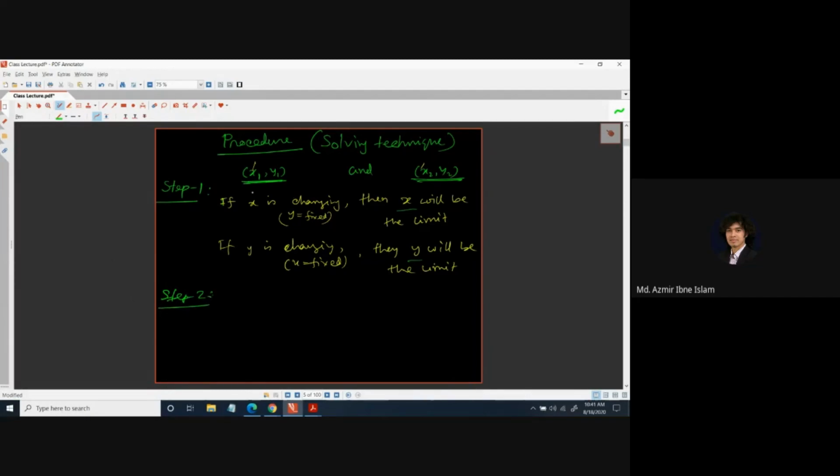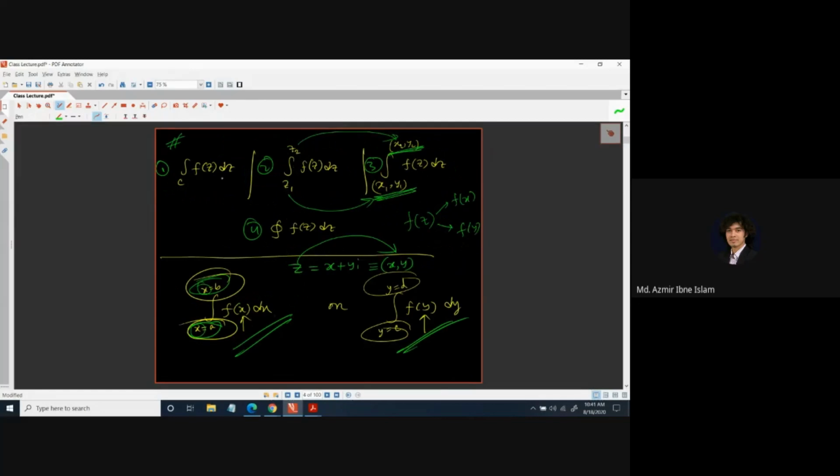Step 2. We are thinking about the Cartesian coordinate system, that means rectangular complex numbers, that is z equal to x plus yi. From this, we need to input the fixed value, either x or y, at first. Then we need to find dz, because don't forget that we have dz here.